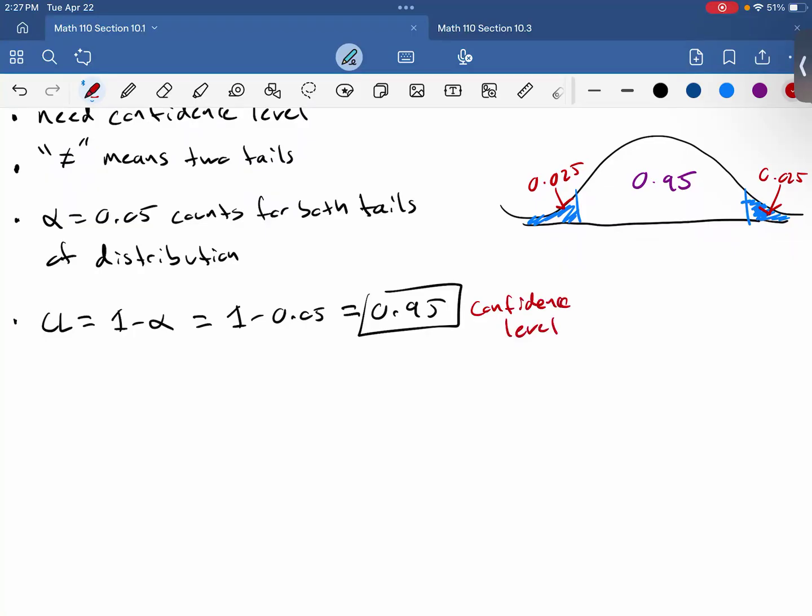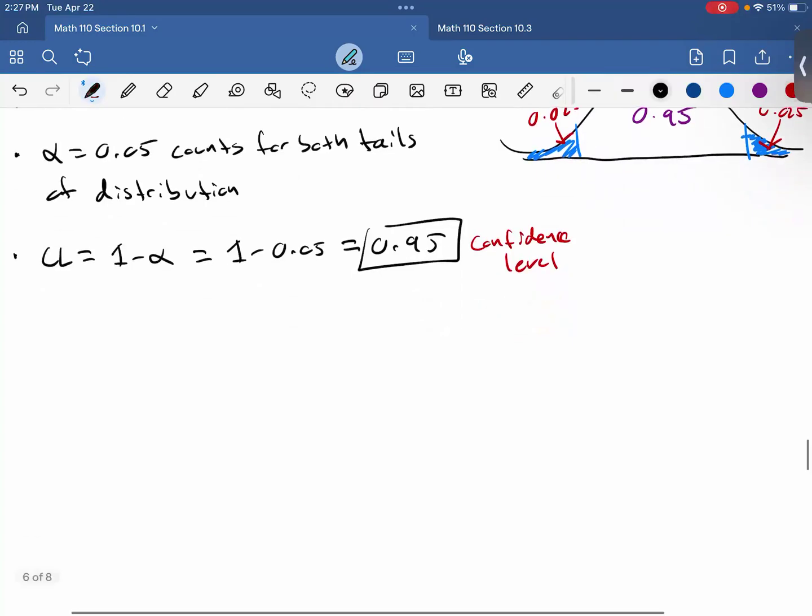So I can use the confidence level and construct a confidence interval now. So here we go, confidence interval. I'll abbreviate it with CI. The CI equals, and for a confidence interval, we need to use 2SampTInt.